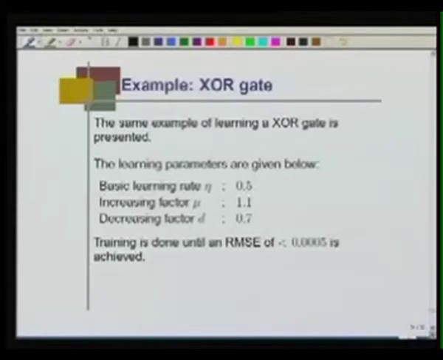You see that the increase factor has to be greater than 1, and the decrease factor has to be less than 1. So, we have taken mu to be 1.1 and d to be 0.7, and we have taken the same XOR function, now using the adaptive learning rate, and training is done until the root mean square error is less than 0.0004 for the XOR gate.